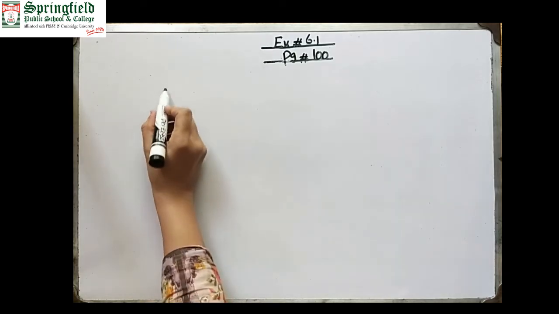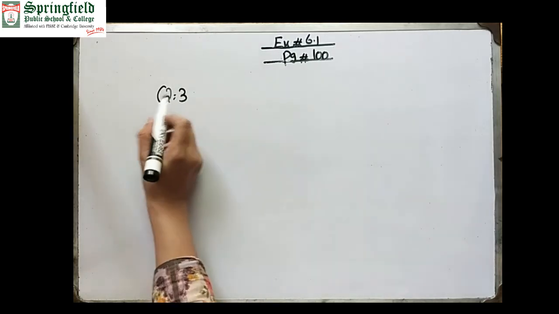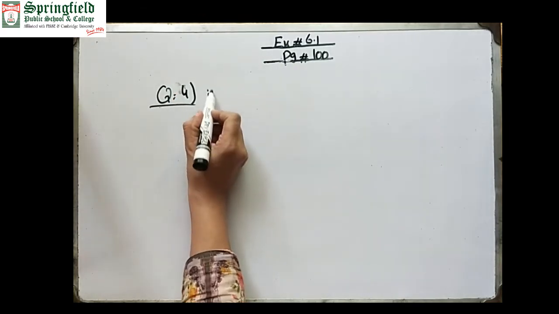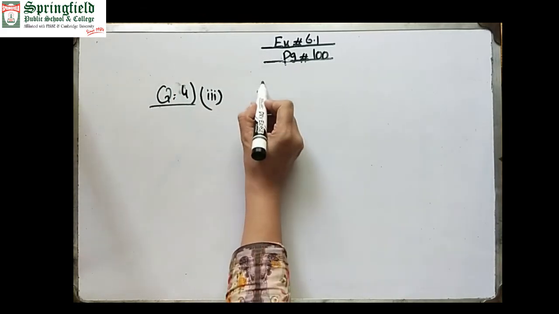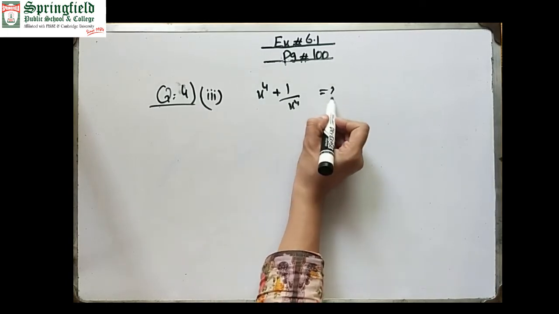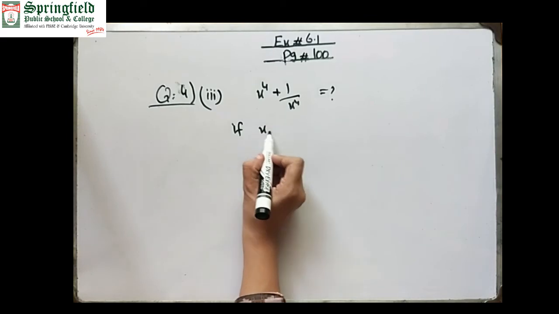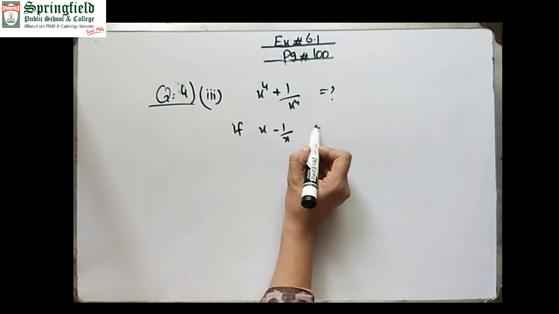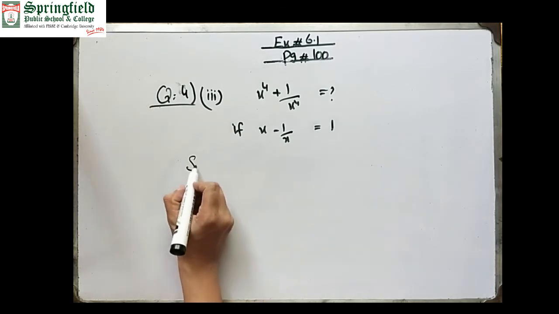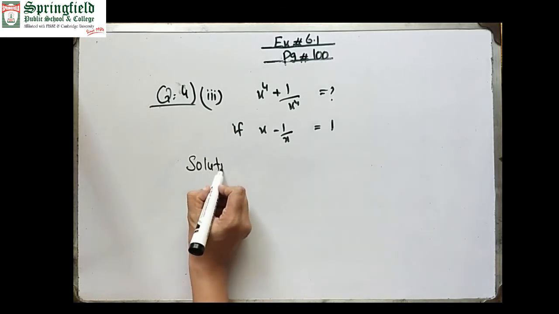Question 4, part 3 is find the value of x4. They are asking about the question number 4 and part 3. They are asking about the value of x4 plus 1 by x4. If x minus 1 by x is equal to 1, then find out the x4 plus 1 by x4. So first we will find the x square solution.